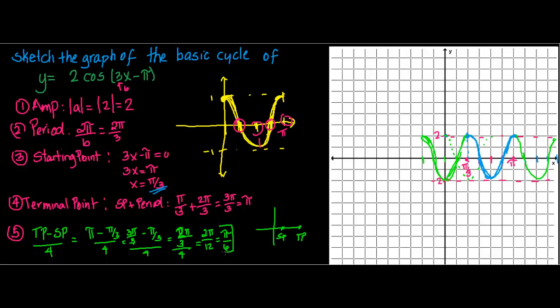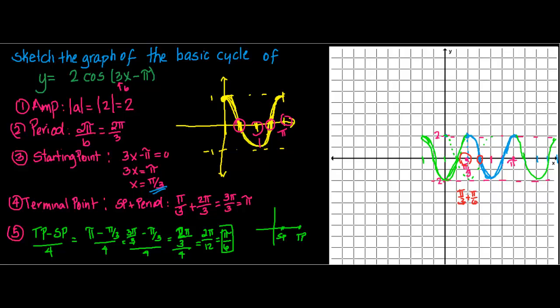So what does this number tell me? This number tells me that from the starting point here, let me grab red, from the starting point here to my next point on the x-axis, in between these two, there's pi over 6. So if I want to find what this coordinate is exactly, I would have to take pi thirds and add pi over 6.